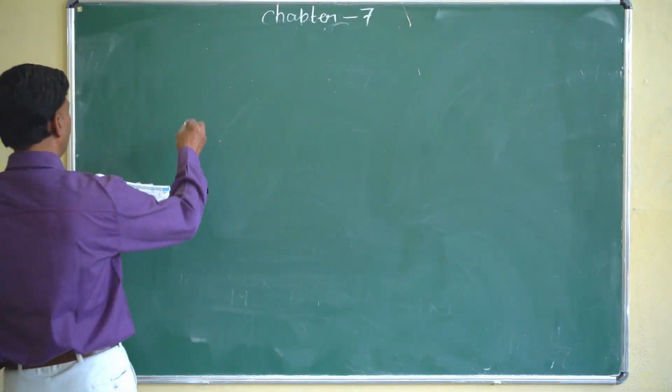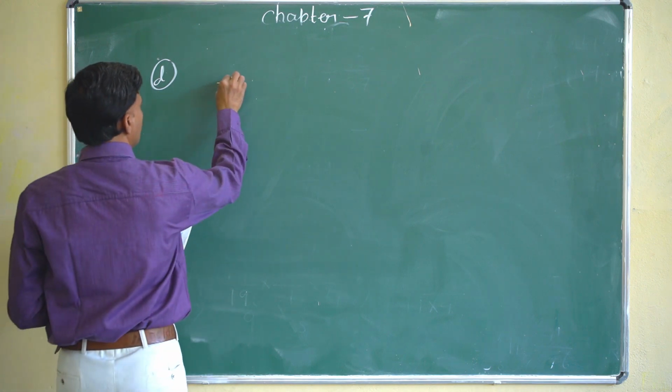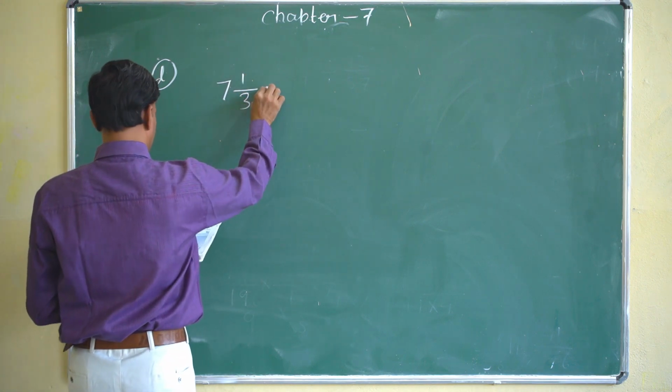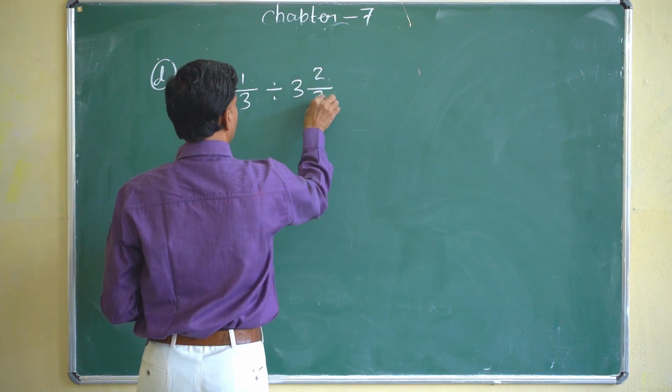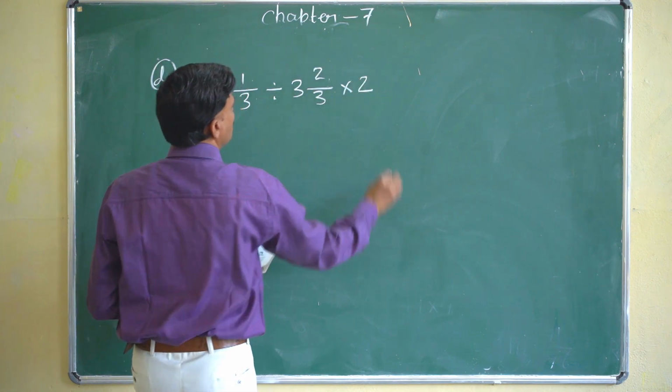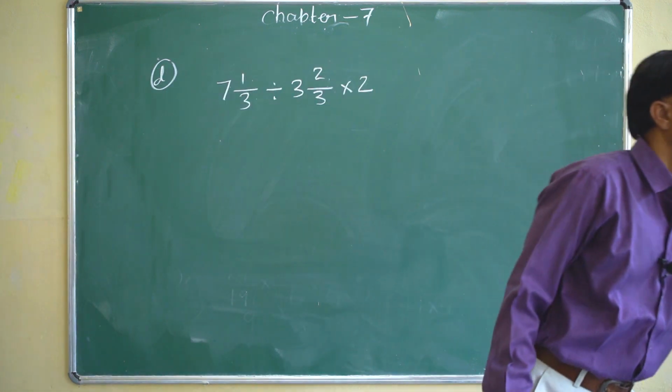I am taking the D1, right? That is 7 whole number 1 by 3 divided by 3 whole number 2 by 3 multiplied by 2. Got it? We'll solve this question, right?